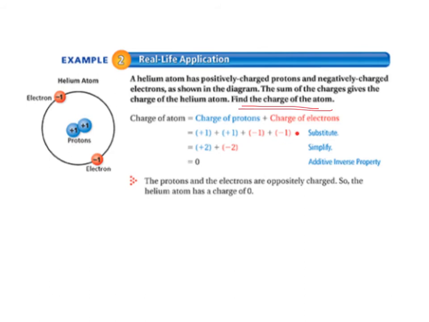So we're just substituting those in, and then that gives us a +2 plus a -2. So we simplify. We're putting all of our positives together and then all of our negatives together. And then when we add that up, we can see that we've got +2 plus a -2, so that equals 0.